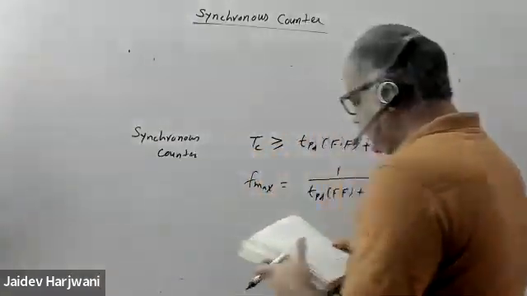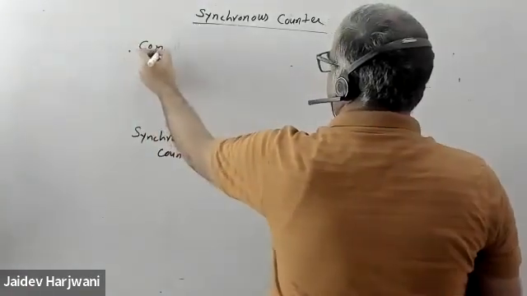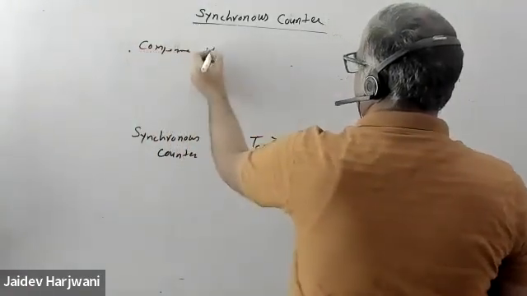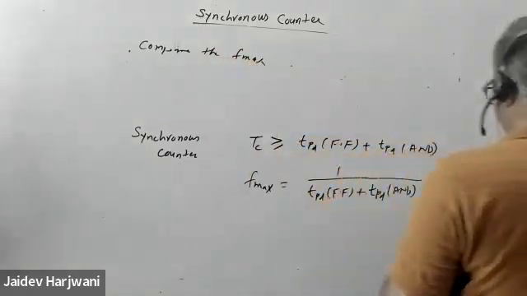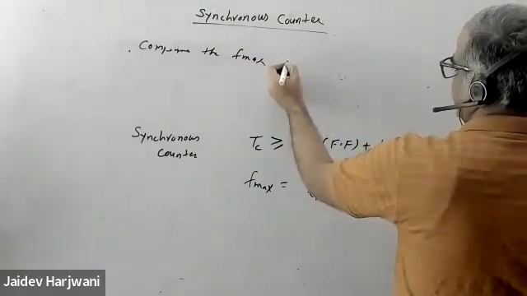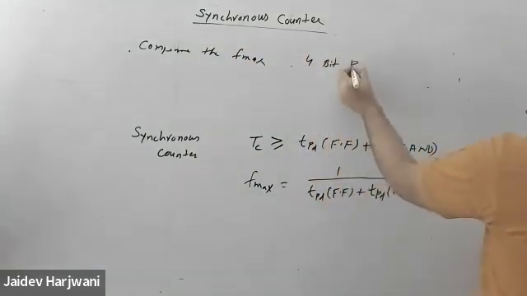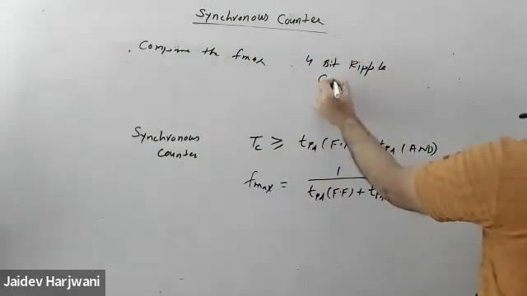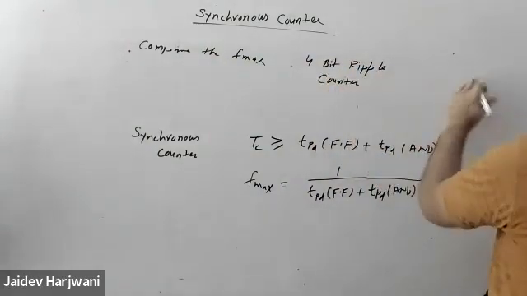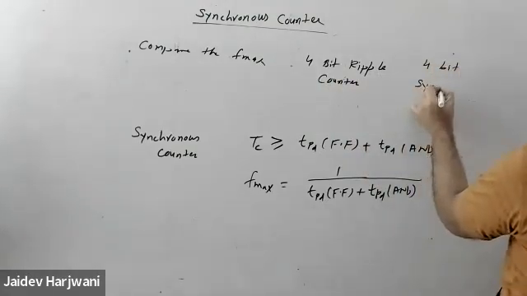It says compare the F max for a 4-bit ripple counter and a 4-bit synchronous counter.